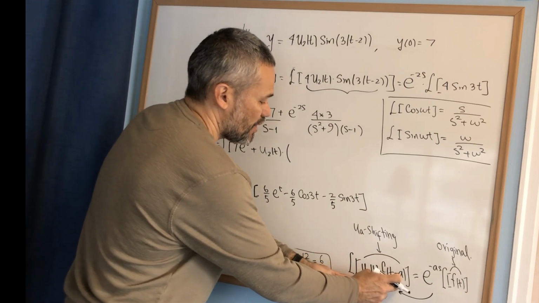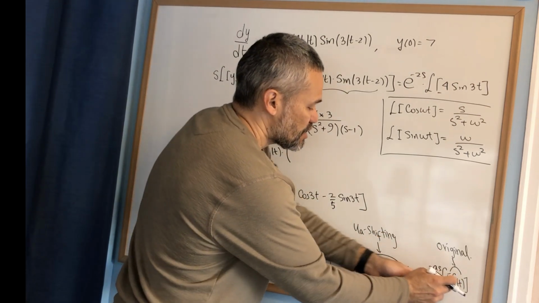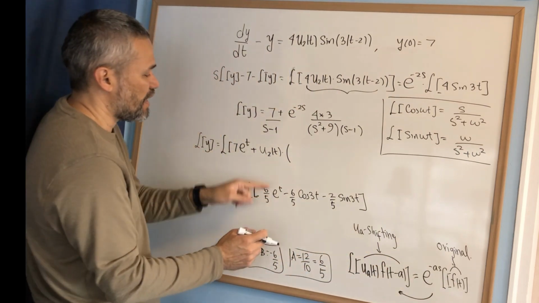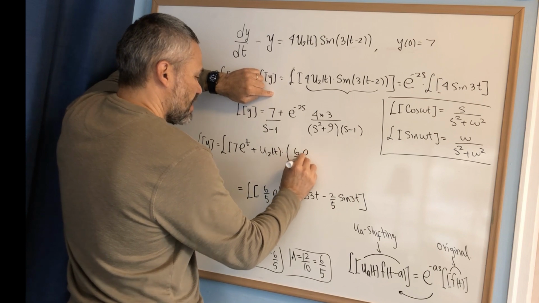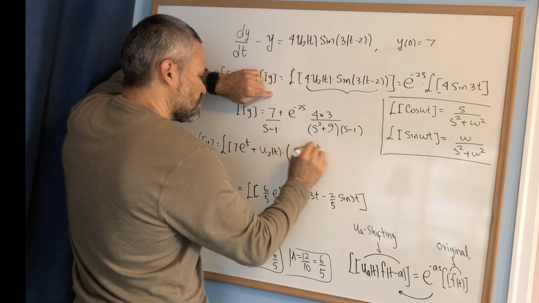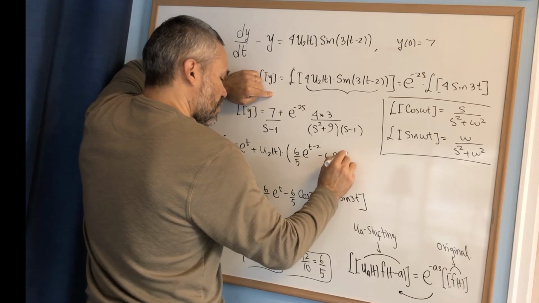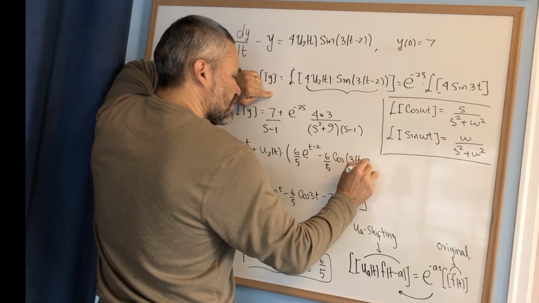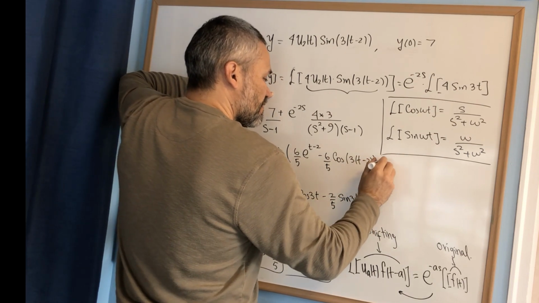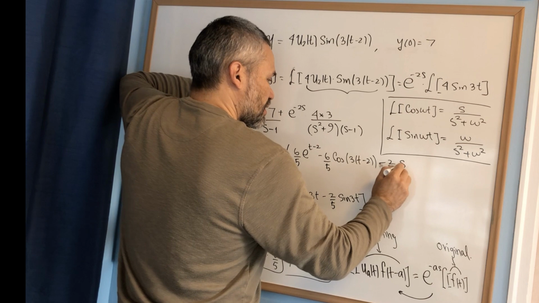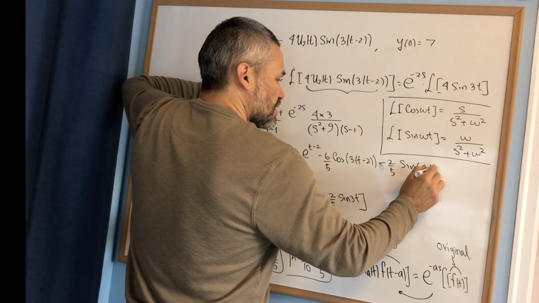I have to do the ua shifting. The ua shifting is achieved by changing the t by t minus a. In this case we will have 6 over 5 e to the t minus 2, minus 6 over 5 cosine of 3 times t minus 2, minus 2 over 5 sine of 3 times t minus 2.